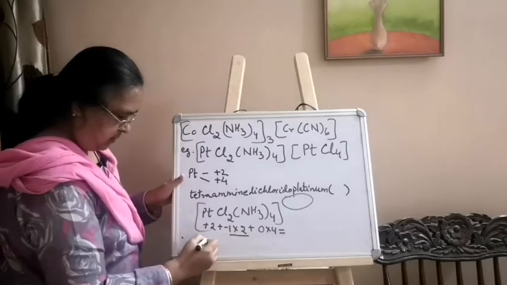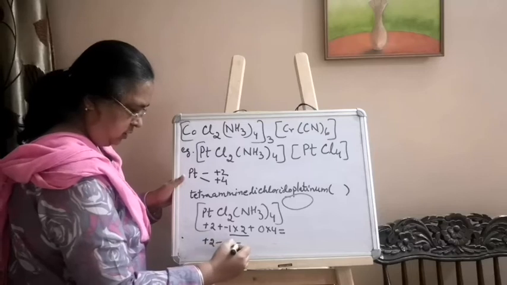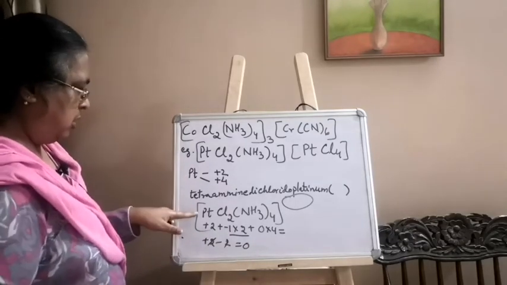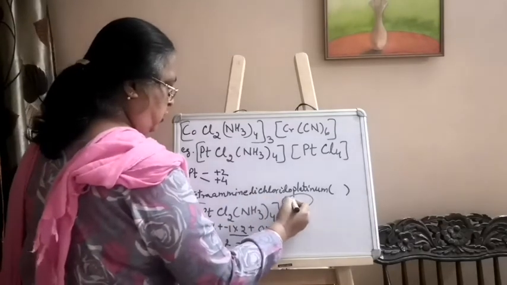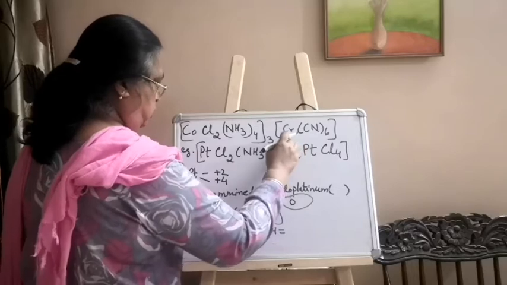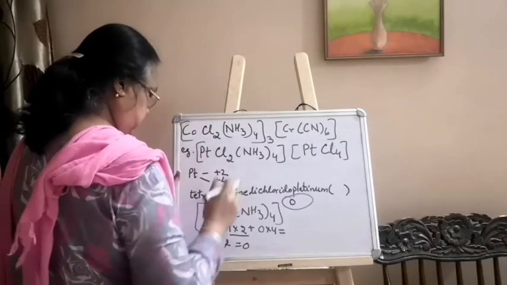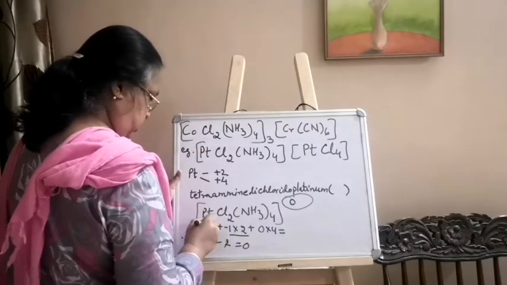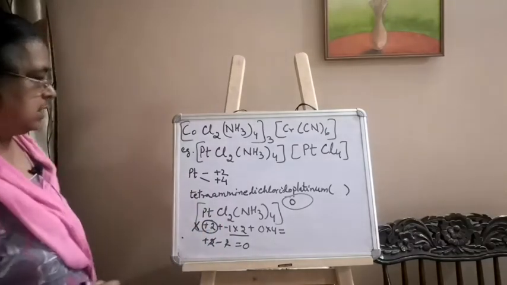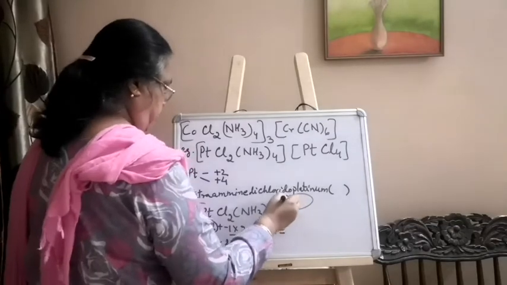Plus 2 minus 2 cancels to 0. So the charge would come 0, which is not possible, because according to the formula it has to be a positive charge. So in this case the platinum oxidation state plus 2 cannot be true.